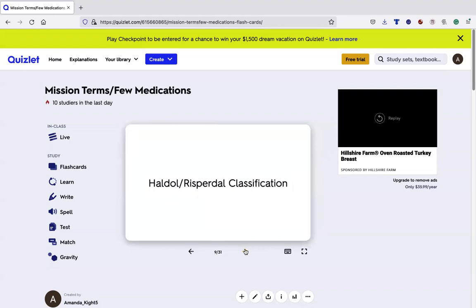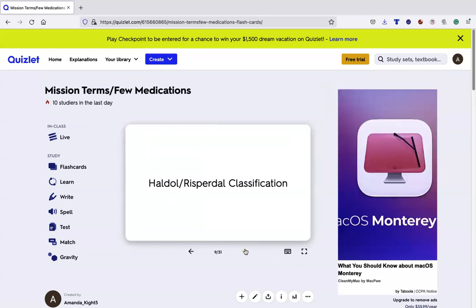Haldol and either risperidone or risperidol. What are the classifications? So I add in medications here and there. If I do mention certain medications, I don't want it to freak you out or cause you anxiety. Again, I mentioned it in class on Monday. When you're taking a test in my class, since I do the reviews, just a reminder, I'm also going to put a list of the medications that you need to know.